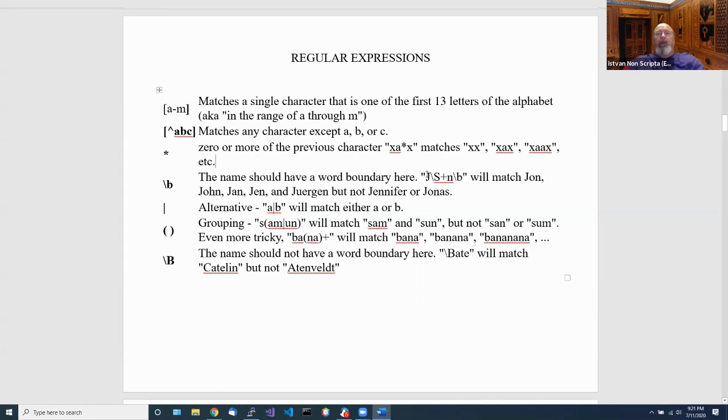So J followed by any non-space character, one or more of them, followed by N, and there must be a word boundary after the N, will match John with a J-O-N, J-O-H-N, Jan, Jen, and Jurgen, but it will not match Jennifer because the N, and it would be this N, or no, it could be either.